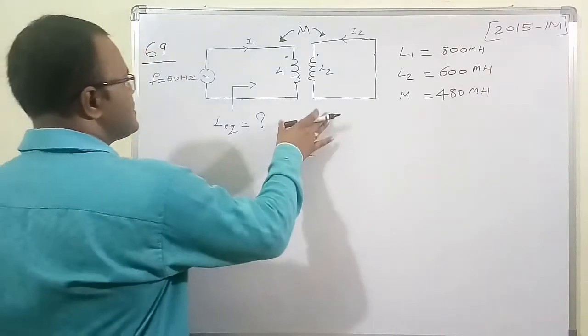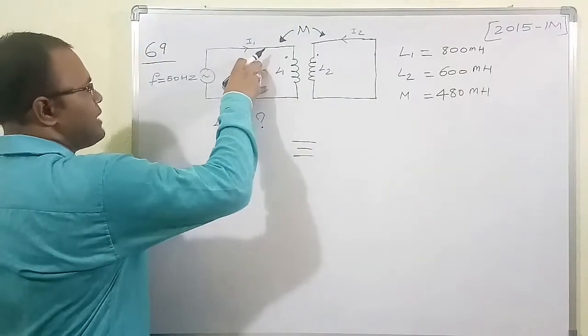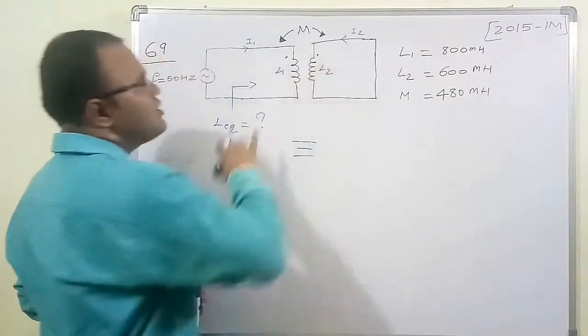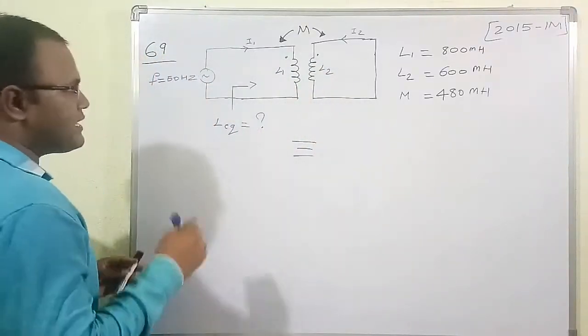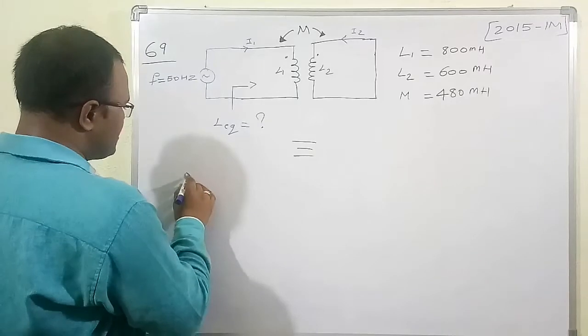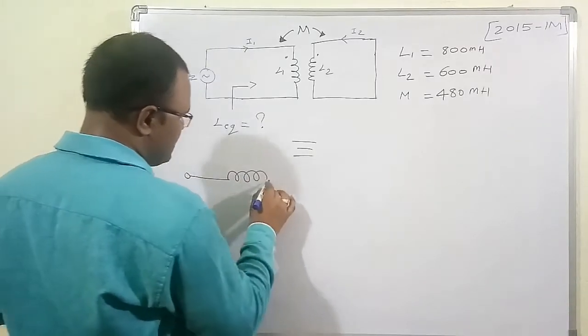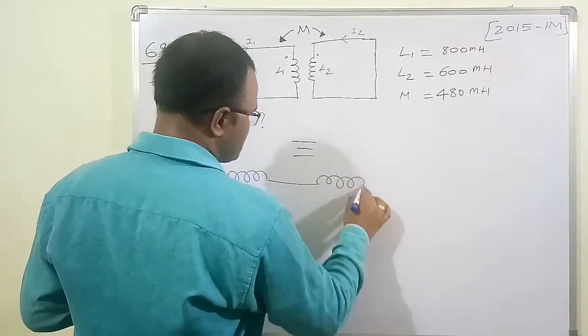With this circuit, if you write the equations for the primary and the secondary and solve them, you will get a certain type of equation. That equation is going to satisfy the equivalent circuit.